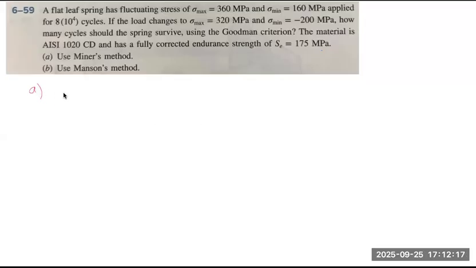In the context of this problem, Miner's rule means that since the sum of n_i over N_i is equal to D, here n1 over N1 plus n2 over N2 is equal to 1.